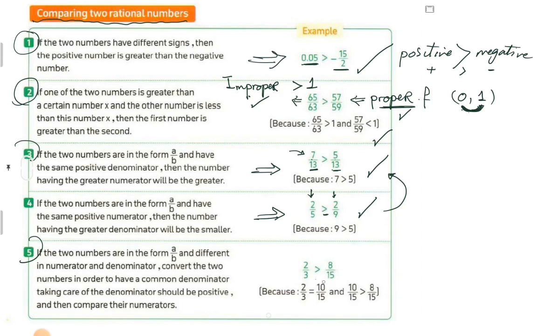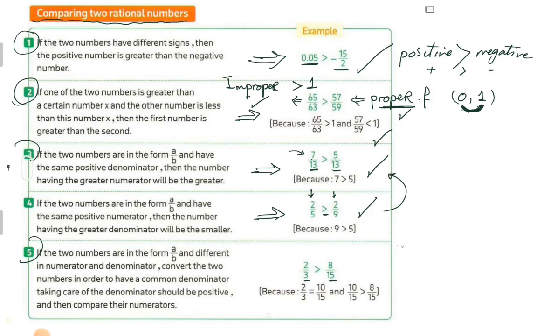And all of them are proper fractions, because the numerator is less than the denominator, so I cannot do that case. So in this case, how to compare these two fractions or two rational numbers? Look with me. Now we need to make them like denominators. We have 3 and 15.